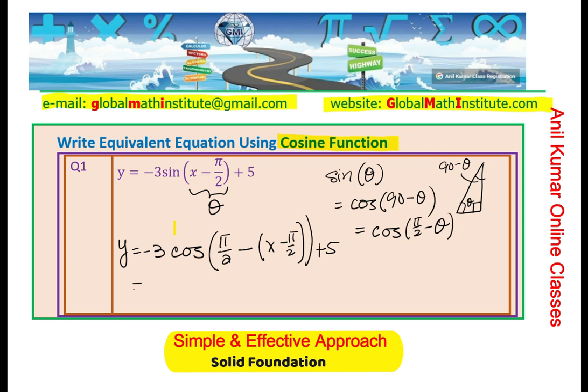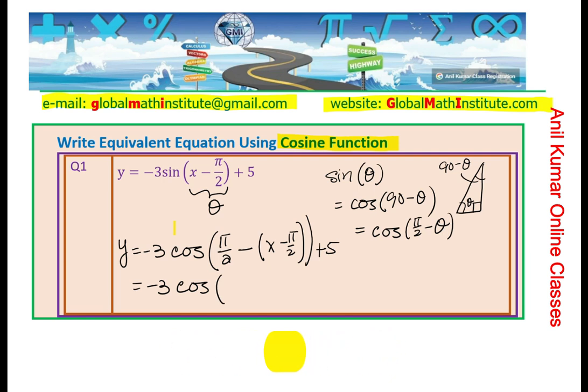Does it make sense to you, right? So minus 3 cos of, now open the brackets. So we see that we have 90 minus theta as our answer. So it becomes cos of pi by 2 minus x, and minus of minus is plus, right? So we get plus pi/2, correct?